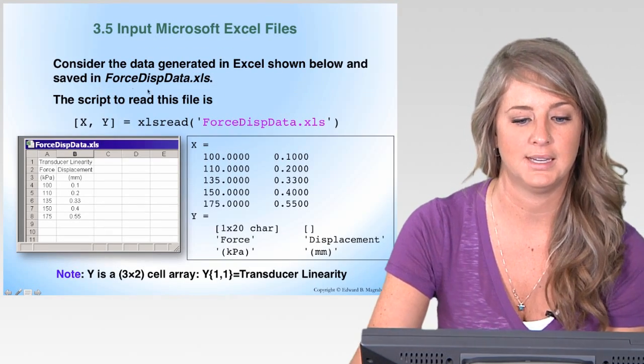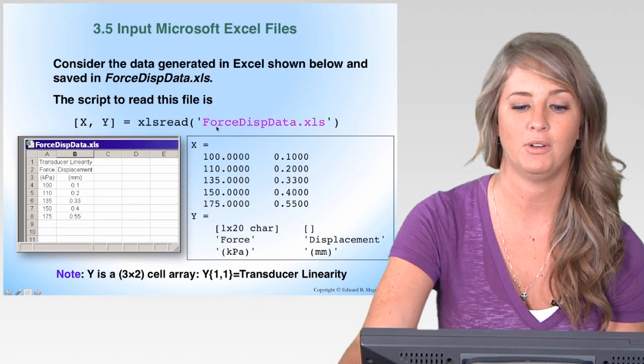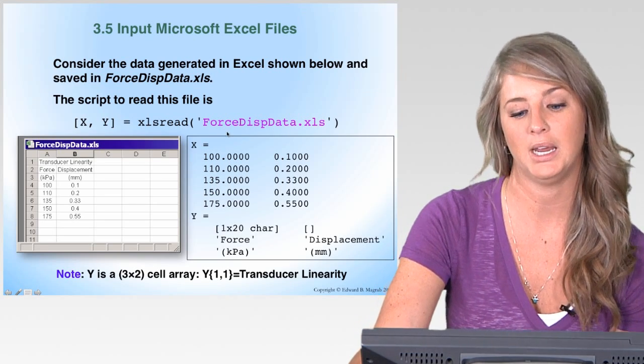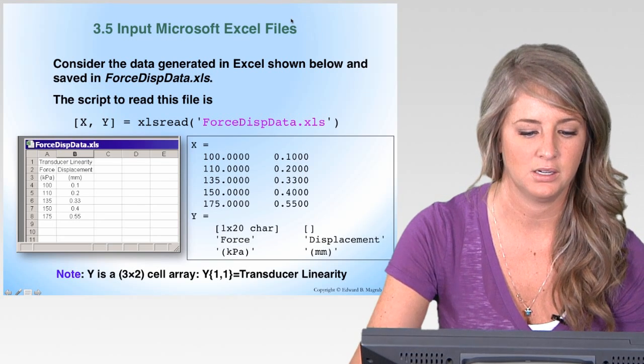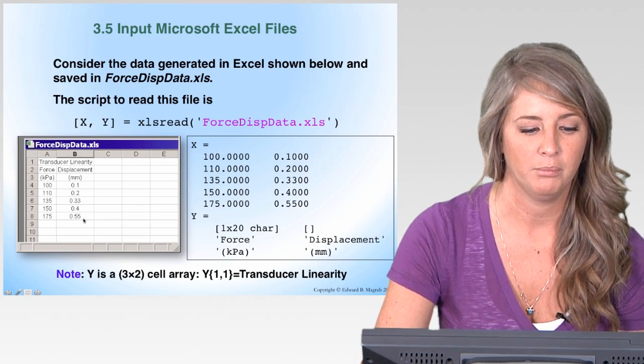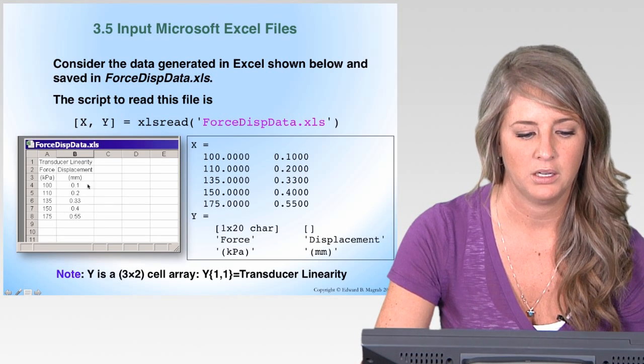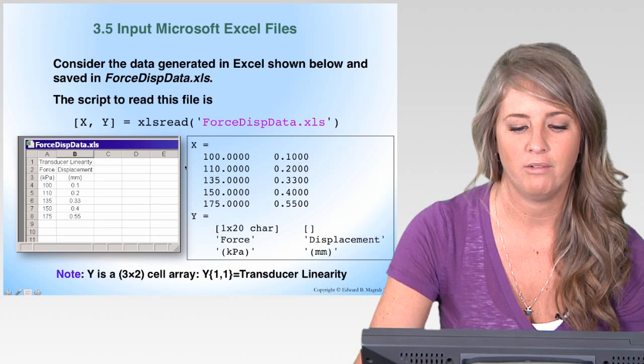So here's an example. Let's say that we wanted to load an Excel file that is force displacement data that's comprised of these values here. We have kPa, and we have millimeters for our displacement. So again, these are going to be our X values and these are going to be our Y values.